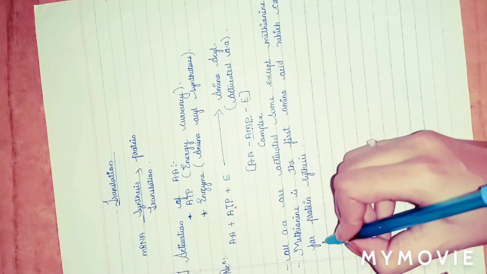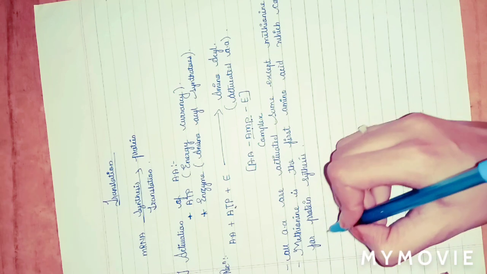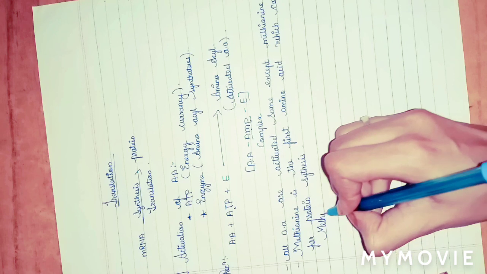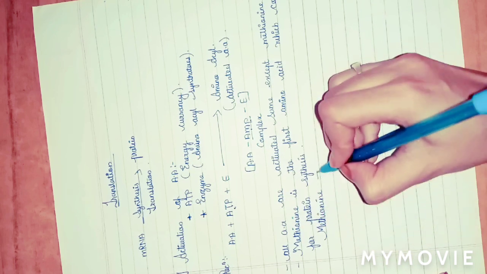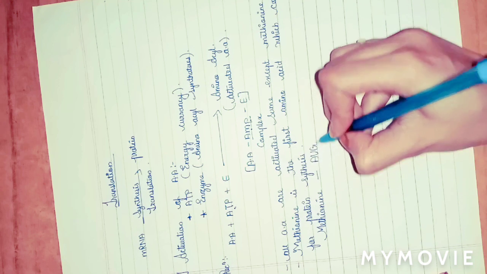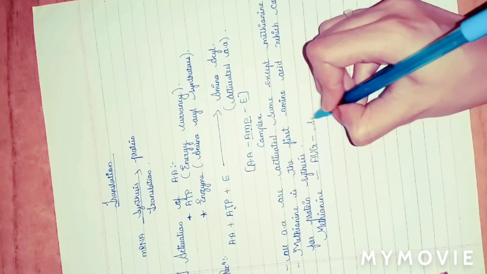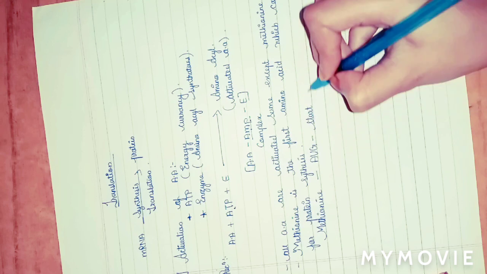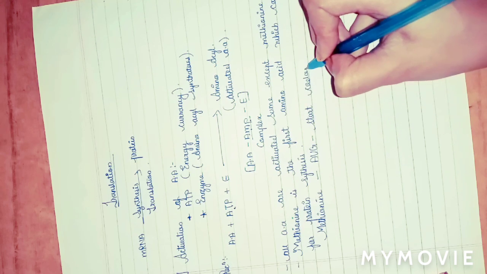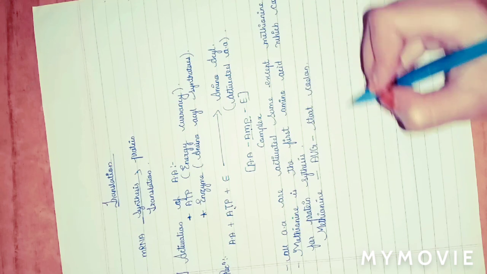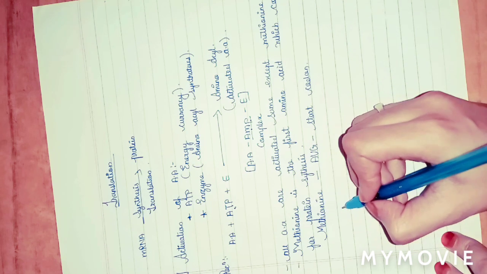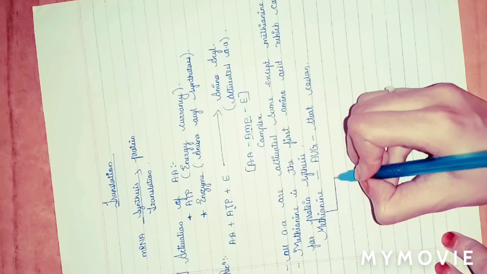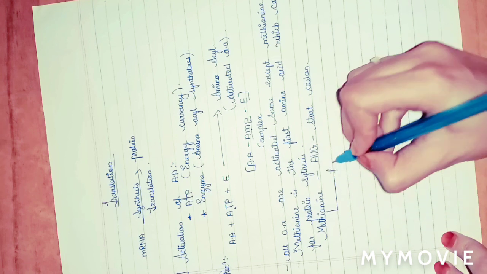Methionine codes for AUG. This amino acid codes for AUG. AUG is a start codon. Now, when this methionine is activated, the form of activated methionine is known as F-met.